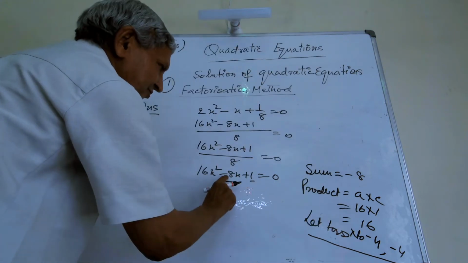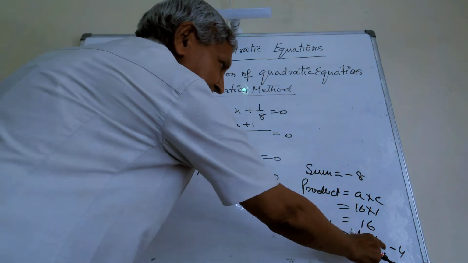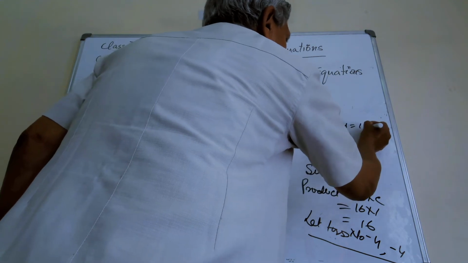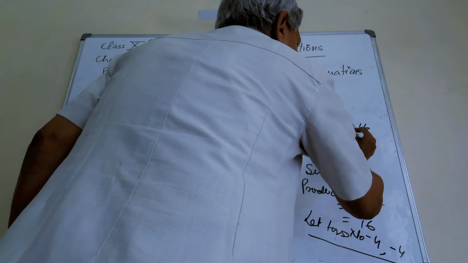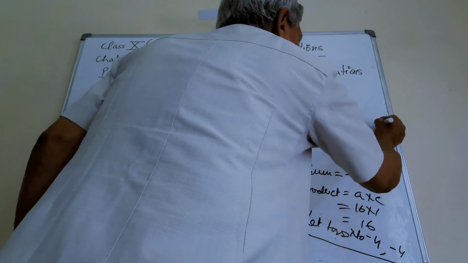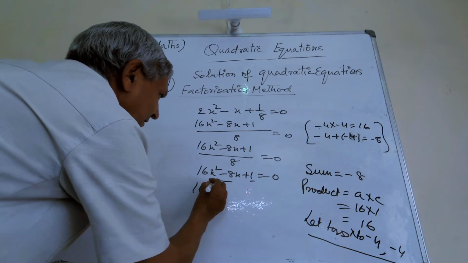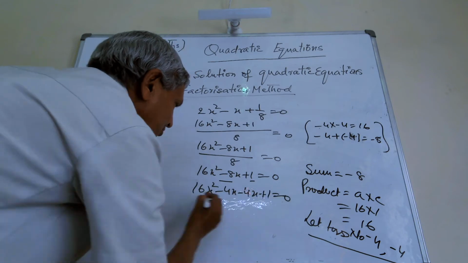Sum is equal to minus 8 and product is equal to 16. You can check here: minus 4 into minus 4 is equal to 16, and minus 4 plus minus 4 is equal to minus 8. Conditions are checked. Hence, 16x square minus 4x minus 4x plus 1 is equal to 0.